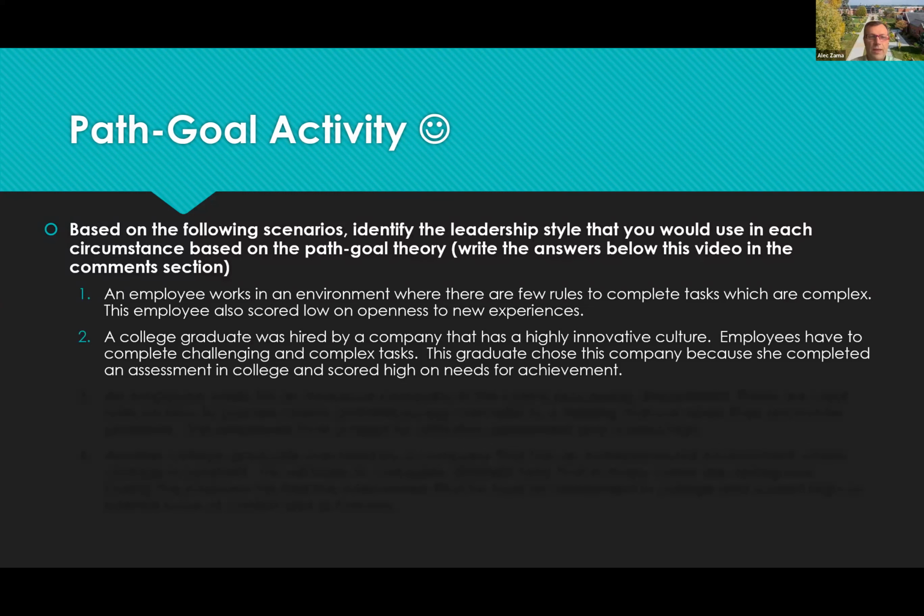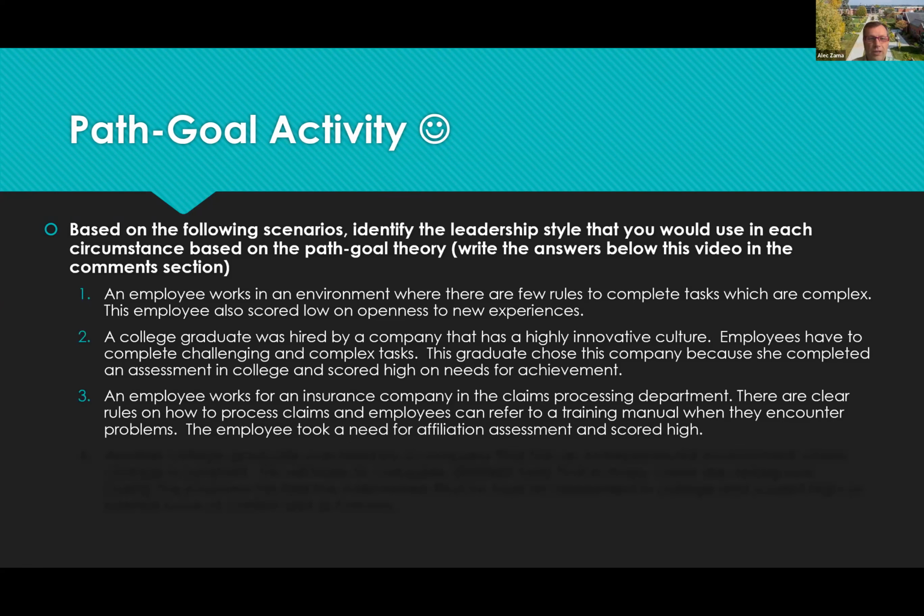The second one, a college graduate was hired by a company that has a highly innovative culture. Employees have to complete challenging and complex tasks. This graduate chose this company because she completed an assessment in college and scored high on needs for achievement. So choose the style that you would use to work with this employee.